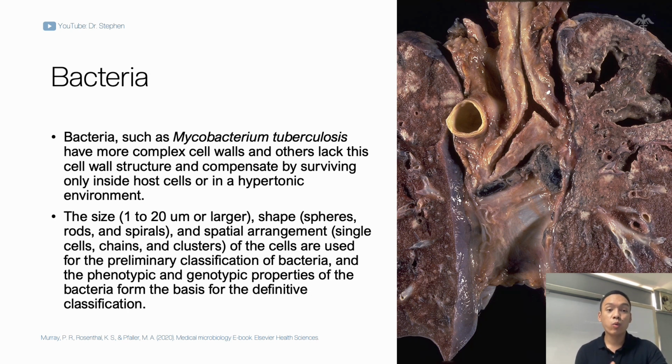Cells of 1 to 2 micrometers or larger, whose shape could be spheres, rods, or spirals (spirochetes), and whose spatial arrangement includes single cells, chains, or clusters, are used for the preliminary classification of bacteria, based solely on the cultural characterization of the colonies found in solid, semi-solid, or liquid medium.